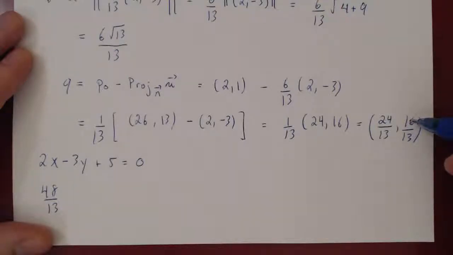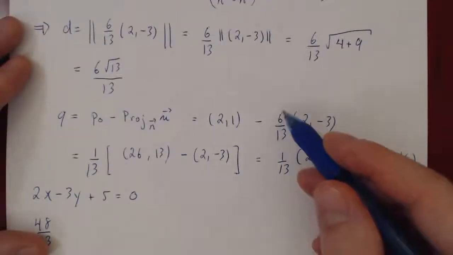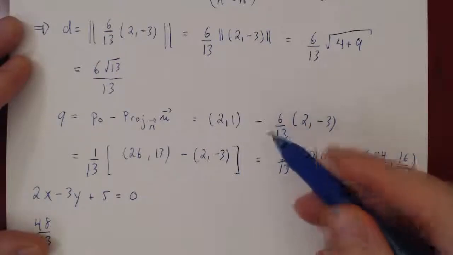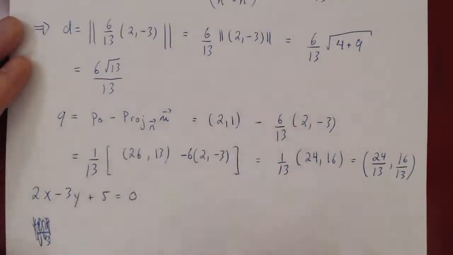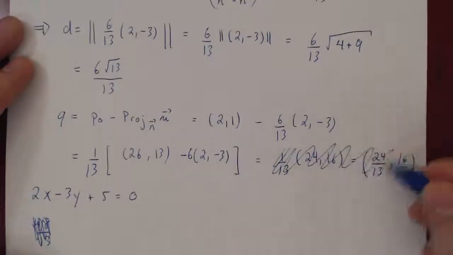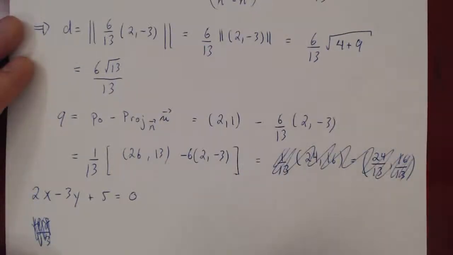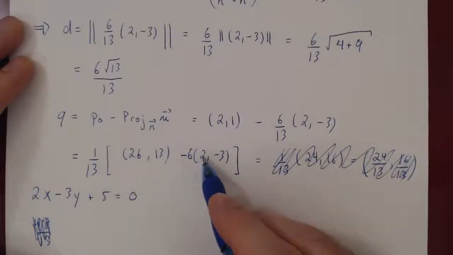Whoops, what did I do here? Oh, I left over my 6. Aha. This makes more sense because this was not going to work. Now it's just 6 times that. Let's fix that. So what are we going to have? We'll have 26 minus 12.